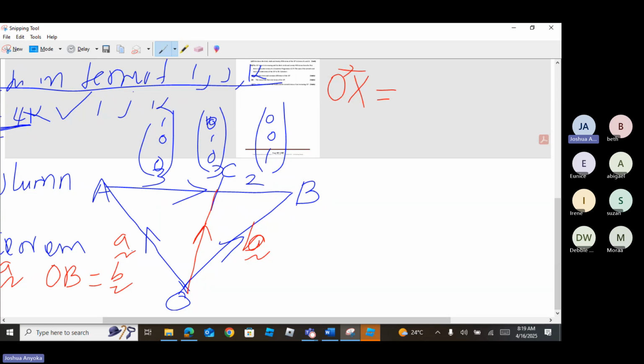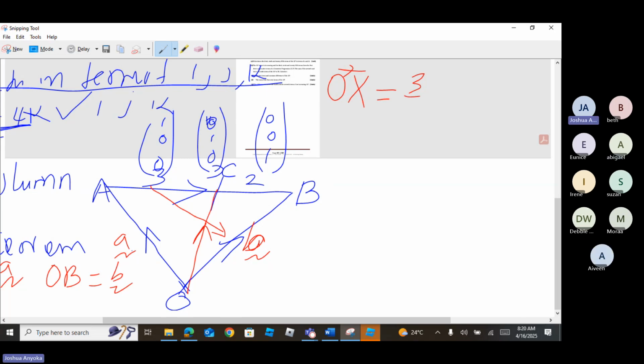That's why we said we can use the ratio theorem, where we focus on the total ratio. X divides AB in the ratio 3:2.